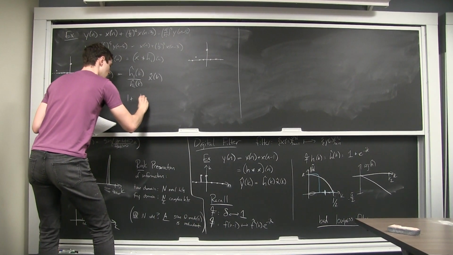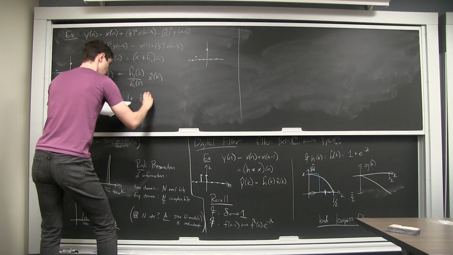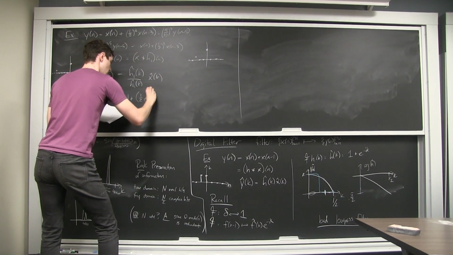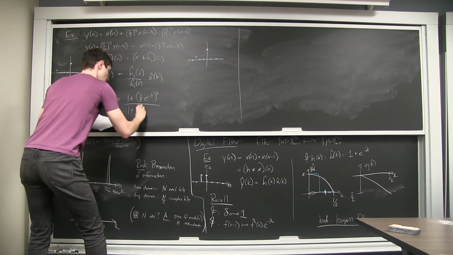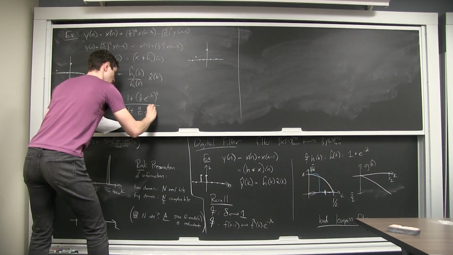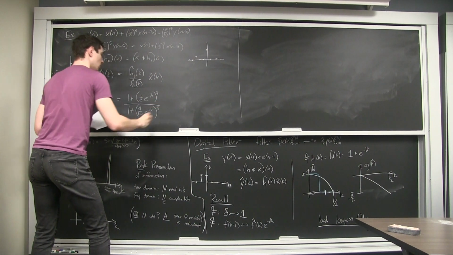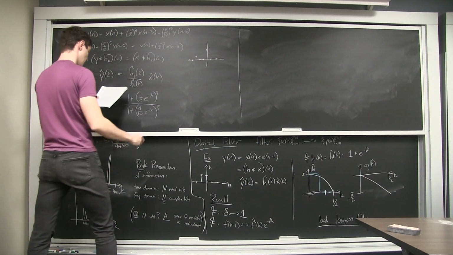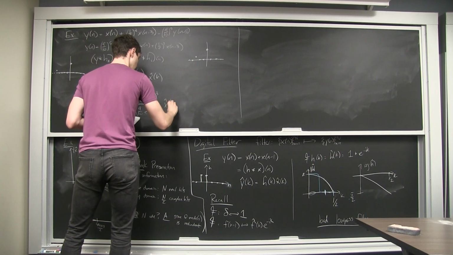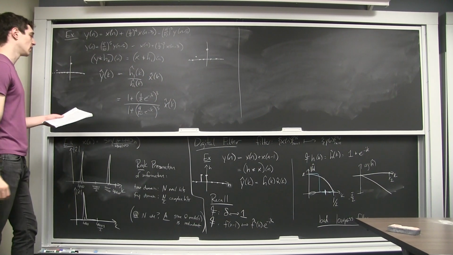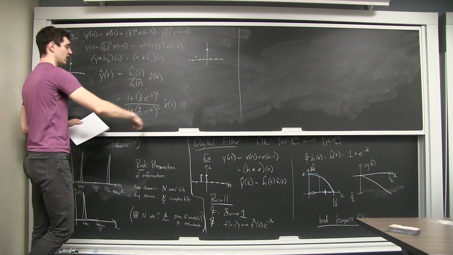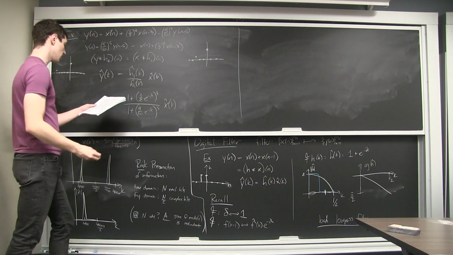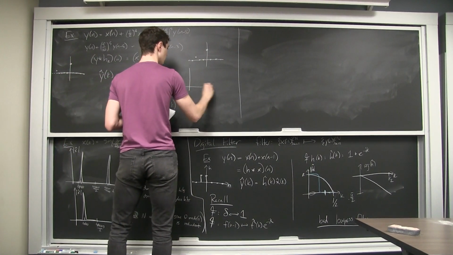And we get 1 plus 1/2. We get this over this, where I've done a little factoring and simplifying to make things look nice. Okay. And if we want, we can take this function and plot its modulus and argument. We get something that looks kind of like this.